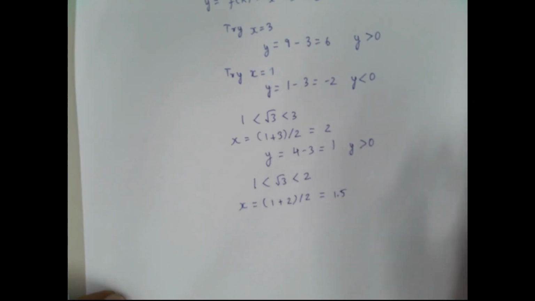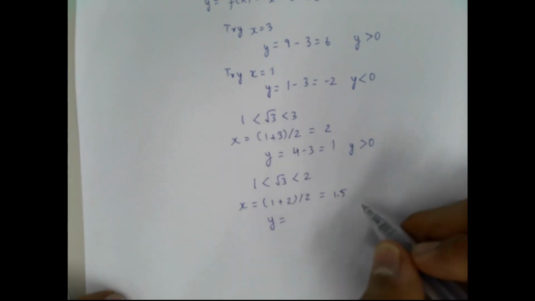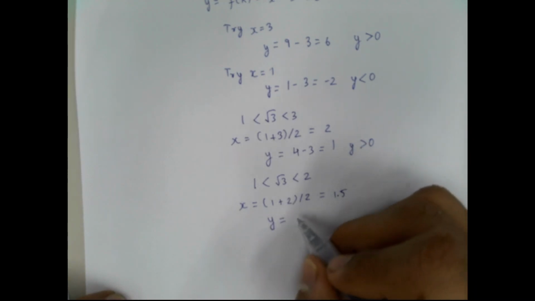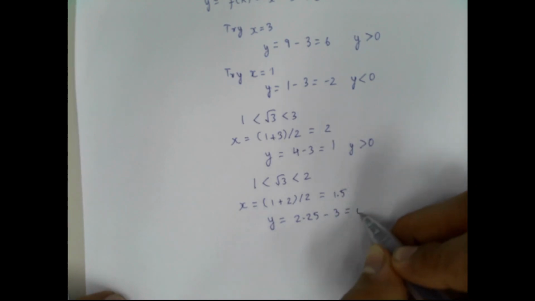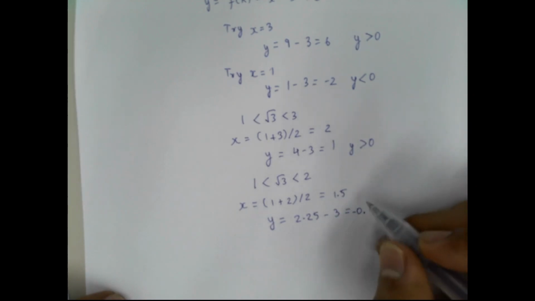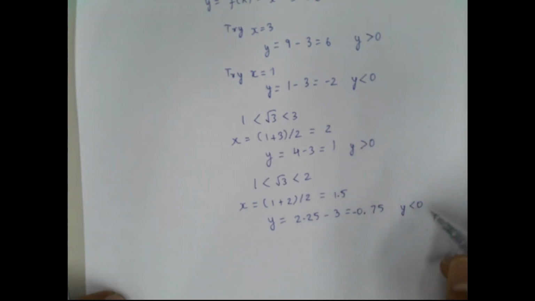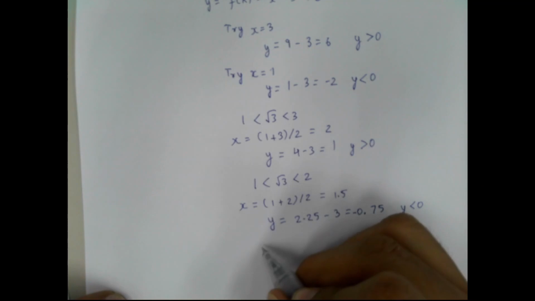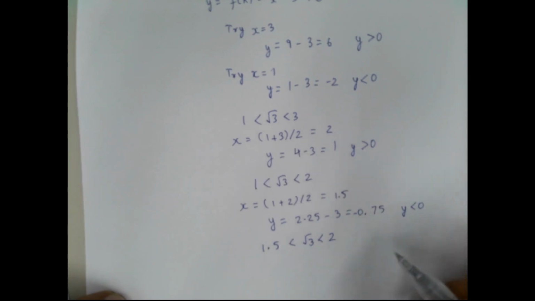Now putting this value of x into the equation again, 1.5 squared is 2.25, minus 3, equal to minus 0.75. So we can see that this is less than 0. Since this is less than 0, we can say that the value lies between 1.5 and 2, right?